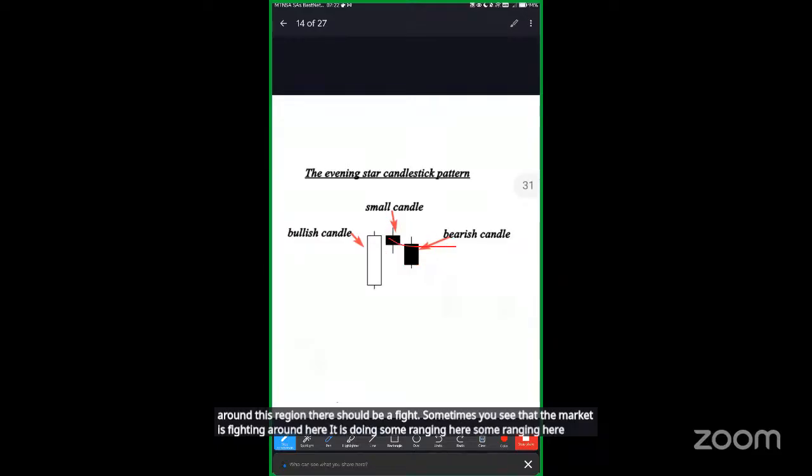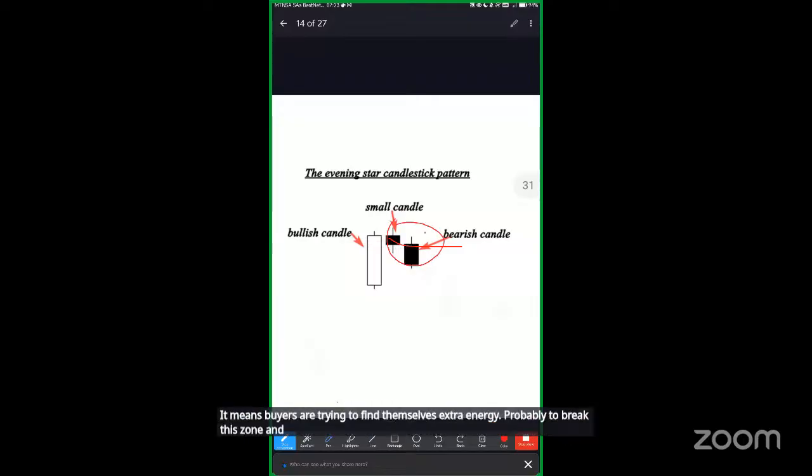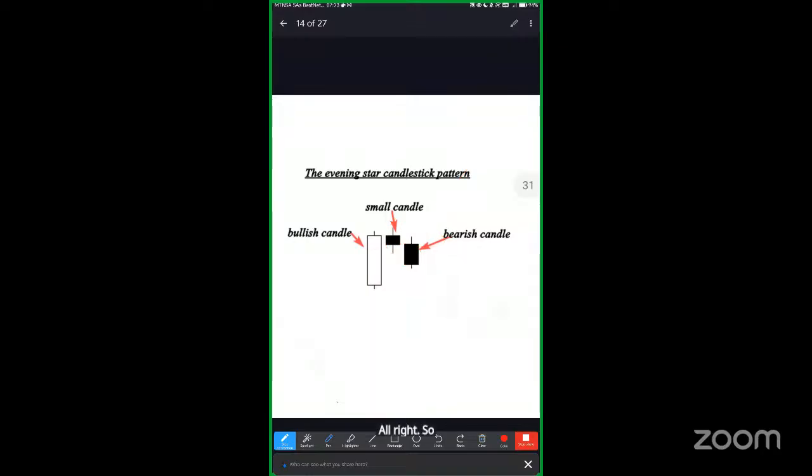It means buyers are trying to find extra energy, probably to break this zone and find themselves on the other side. Failure to do so means price will go down. All right, so this is an evening star candlestick chart pattern.